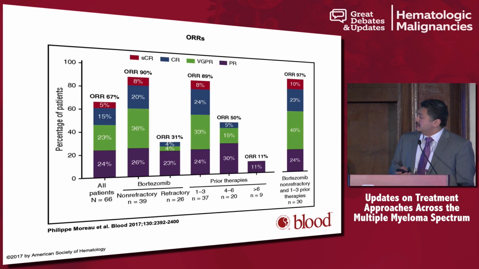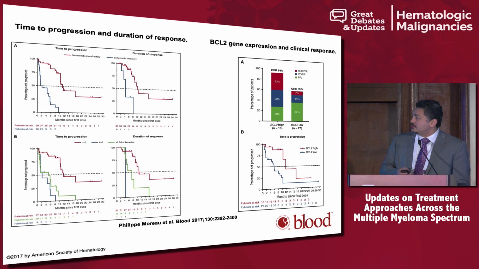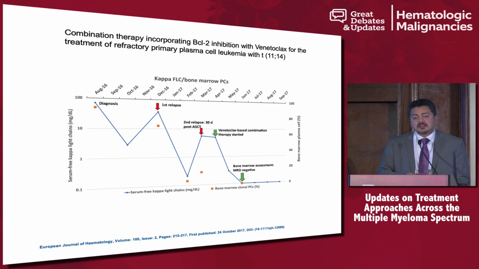And they too found that patients who had venetoclax combined with bortezomib dexamethasone had a fairly high overall response rate, specifically in the 1 to 3 prior lines of treatment, and translocation 11-14 patients benefited pretty nicely. And there too, the BCL2 to MCL1 ratio came into play. So the high BCL2 to MCL1 ratio patients actually had the better responses.